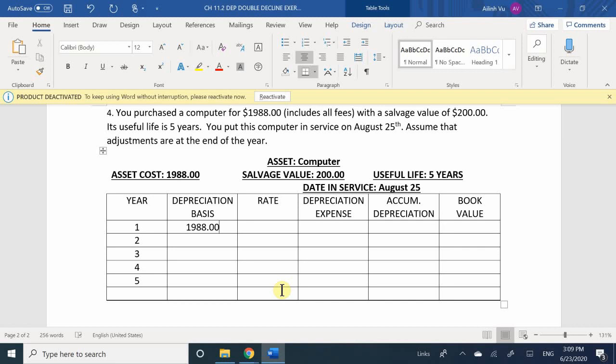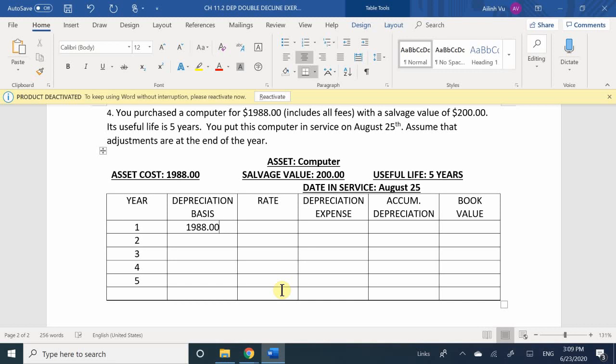Why? What's the formula for depreciation basis? I thought it was the cost of the asset minus the salvage value. Okay, but which depreciation method are we dealing with right now?